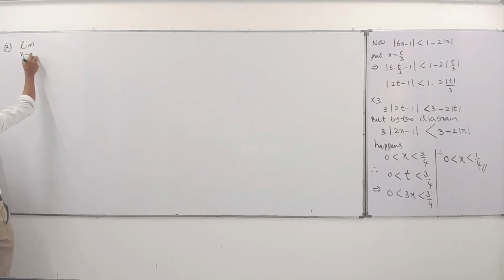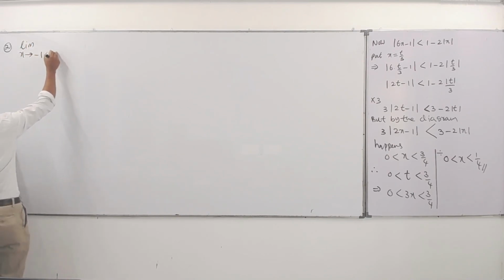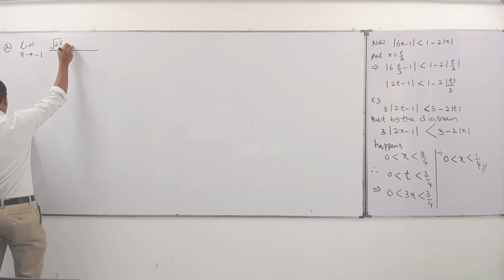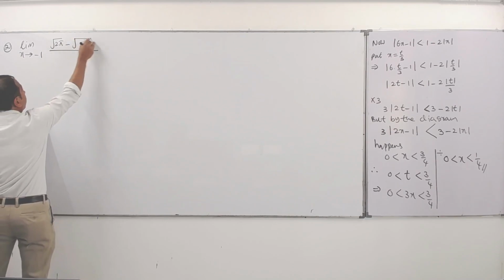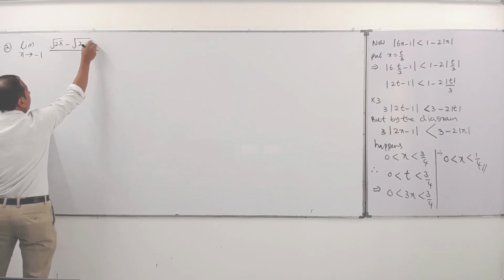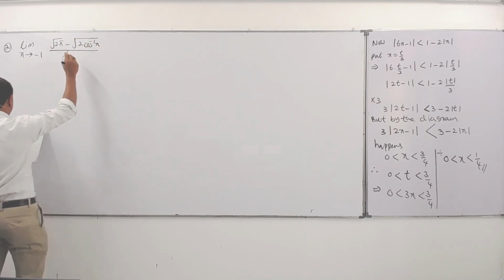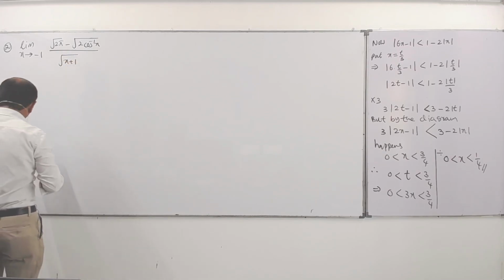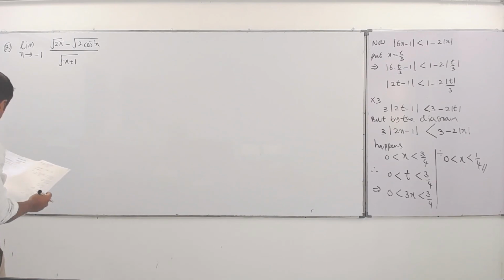Limit x going to −1 of (√(2π) − √(2 cos x)) divided by √(x + 1).